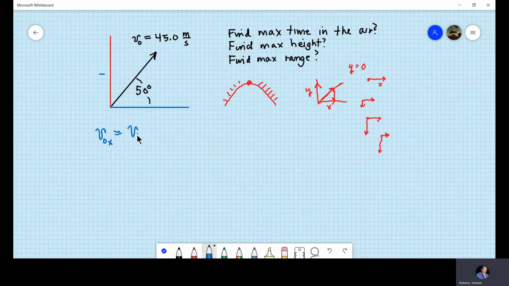So this would be v sub naught cosine 50 degrees, and then v sub naught y is going to be equal to v sub naught sine 50 degrees.